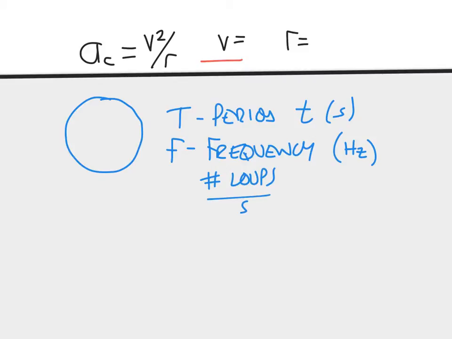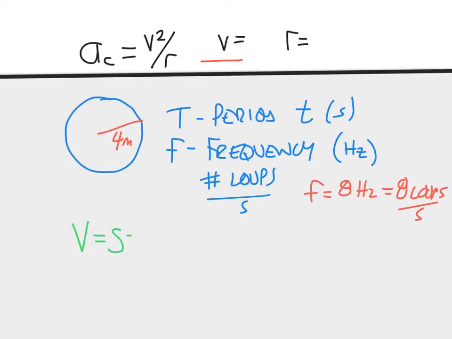So for example, if we again have a radius of 4 meters and it says that the frequency is 8 hertz, then that means it's 8 loops per second. So if we want to know the velocity, remember that is equal to the speed, which is equal to the distance over time, which in this case is 8 hertz, which is 8 loops per second.